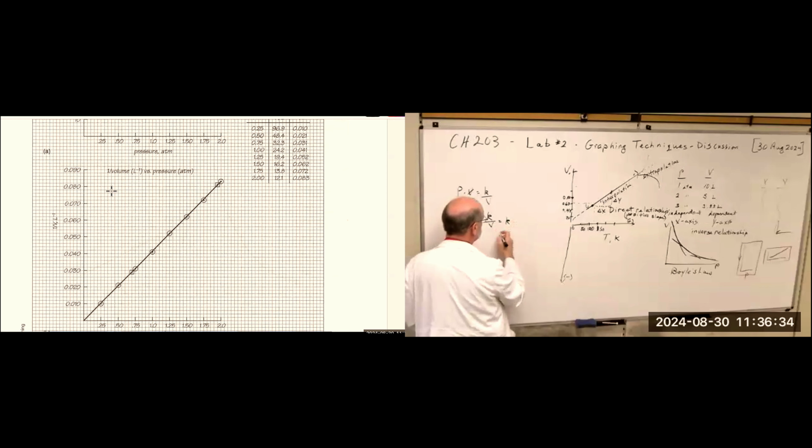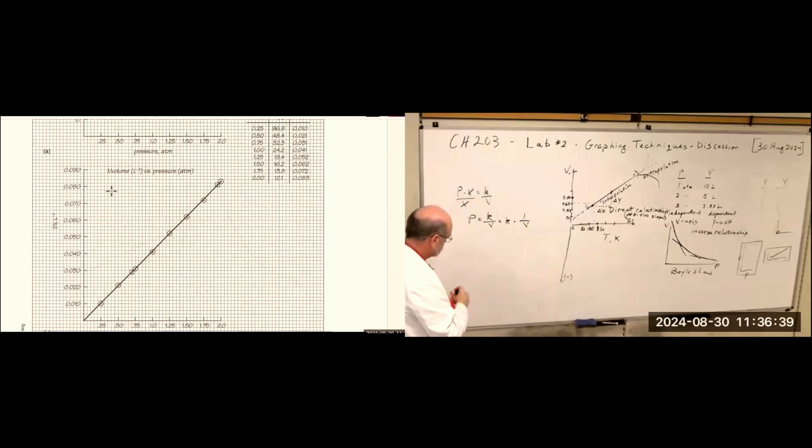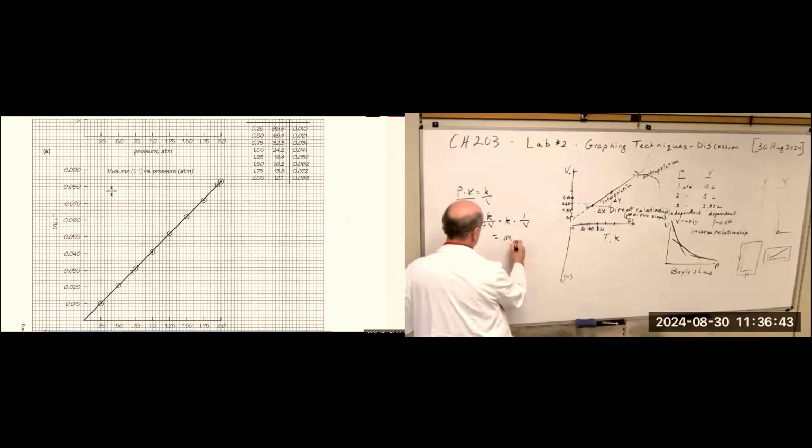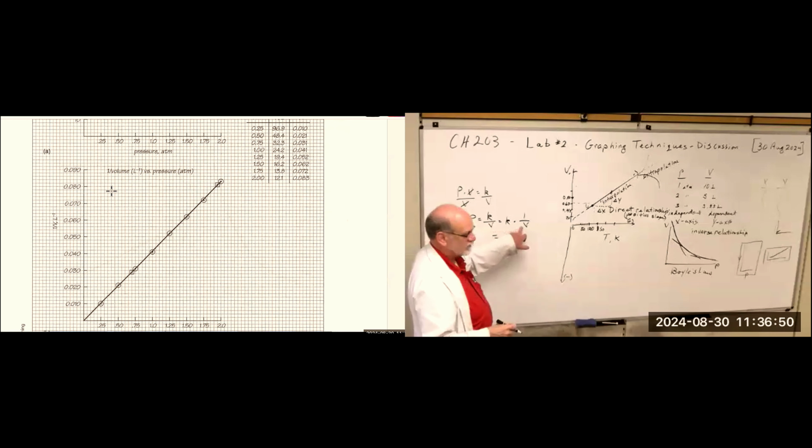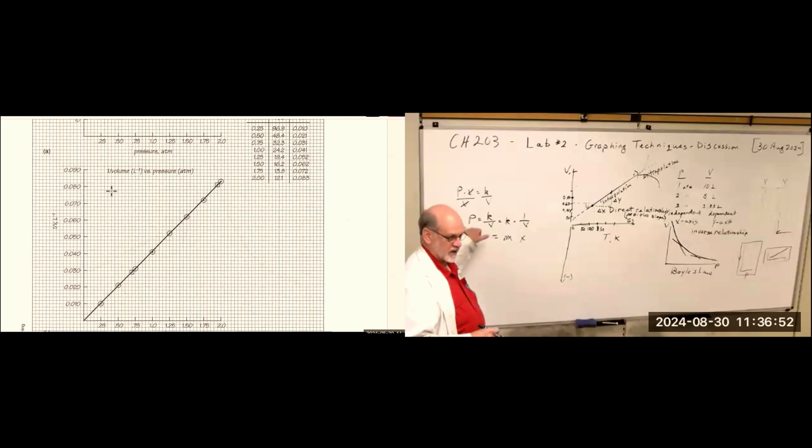I want to keep K in the numerator times 1 over V. So what does that look like? Y equals mx. Now I have a straight line. All I have to do is take the inverse of volume, plot that against pressure.